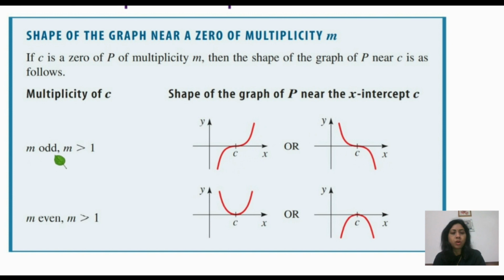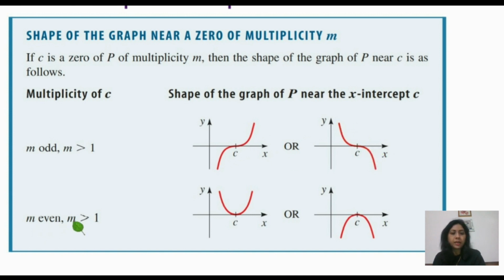It means m is odd and more than 1, so this graph crosses the x-axis at this point C, or x-intercept. Here the graph crosses the x-axis.